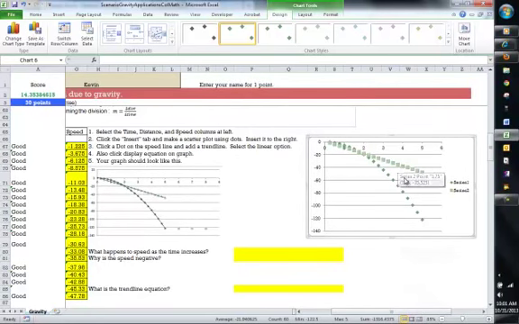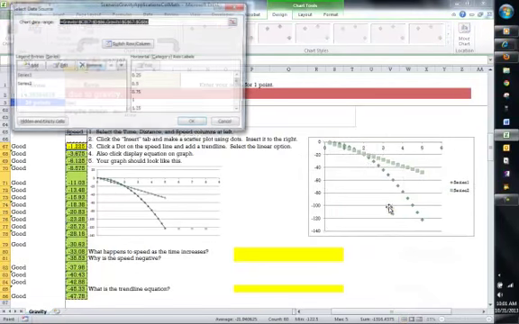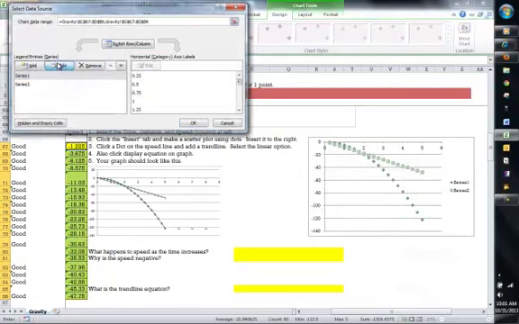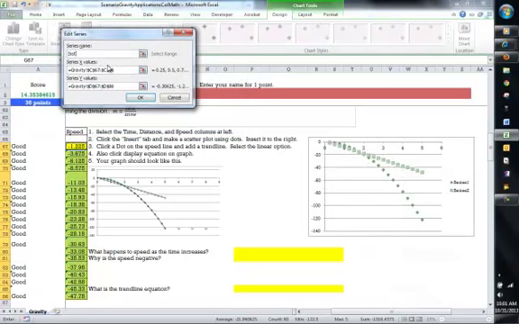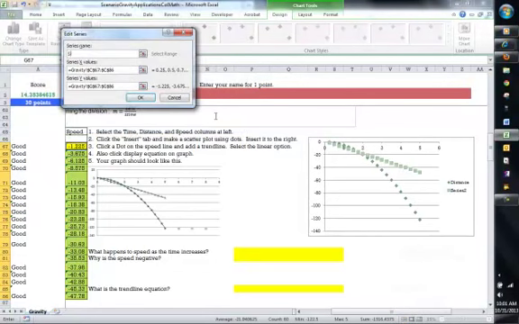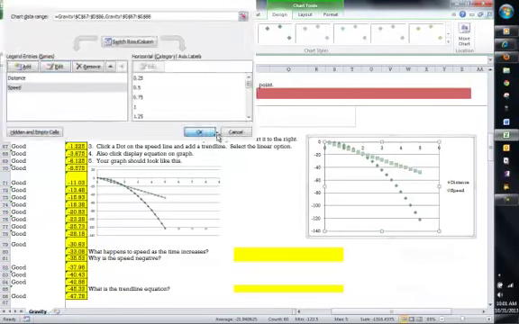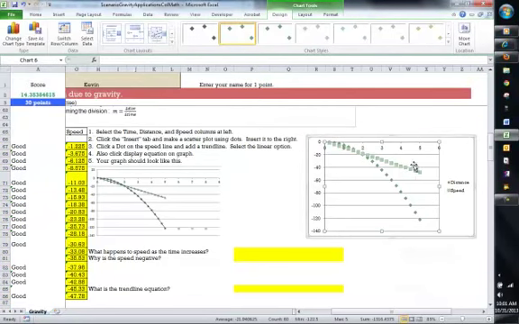I'm going to click on the graph, right click, and then select data, and I'm going to change the name of the first one to distance, because that's the distance graph, and I'm going to change the name of the second one to speed, because as I said before, that second equation is the speed graph. Now you can see the two together here.